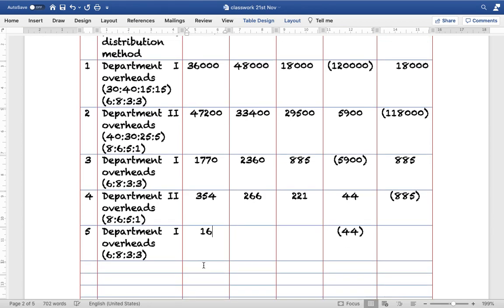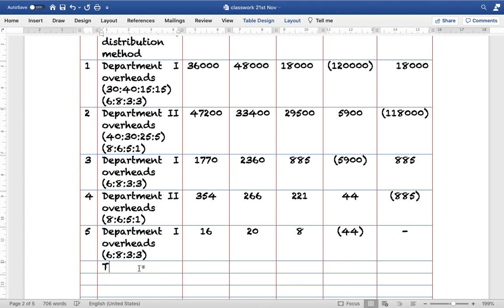So 16, 20, 8. So if you are going to share it to the department 2, it is going to be 8. Then again, if you share it, you will be getting it in decimal value. To avoid that, we will stop here and we will put nil to the department 2.